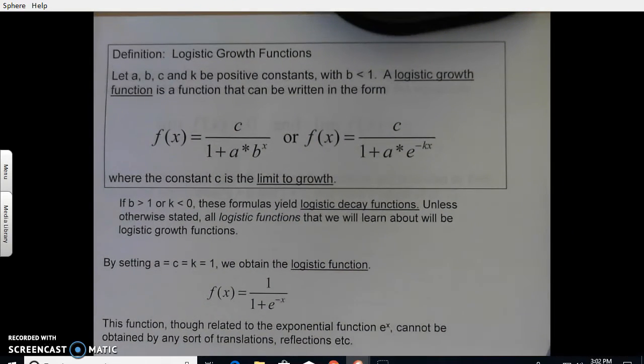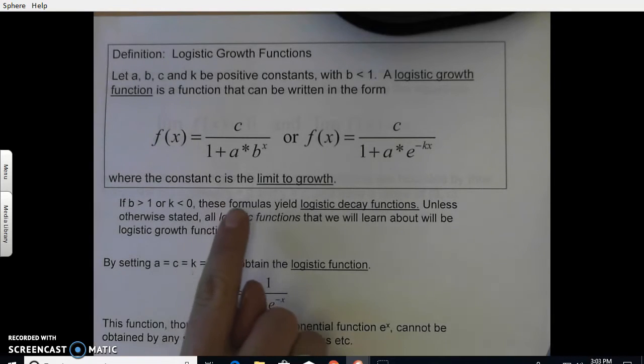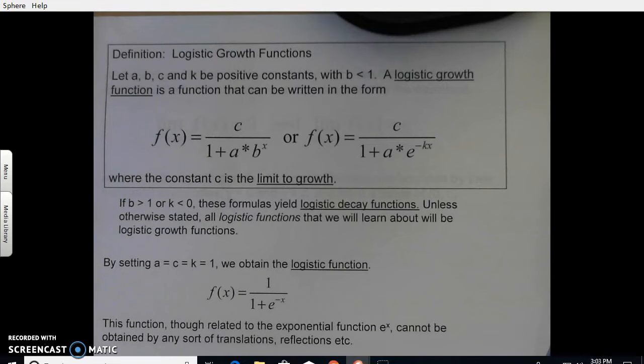The definition of a logistic function: let a, b, c, and k be positive constants with b less than 1. And a logistic growth function is a function that can be written in the form f of x is equal to c over 1 plus a times b to the x power, or c over 1 plus a times e to the negative k times x power, where our constant c is the limit to growth.